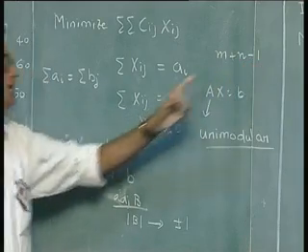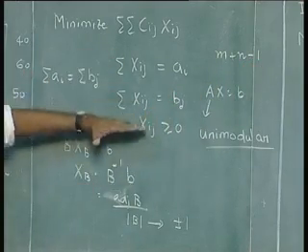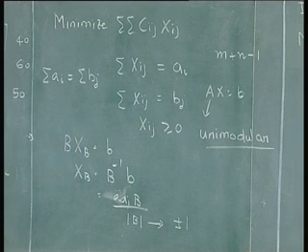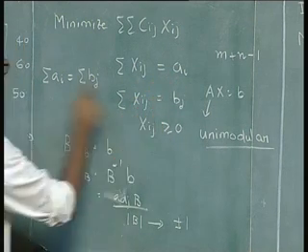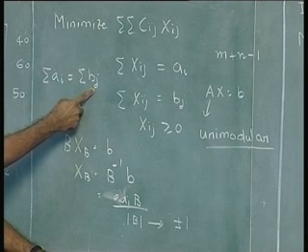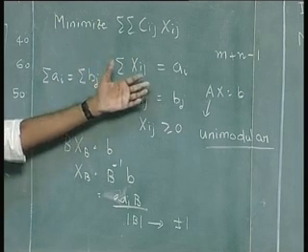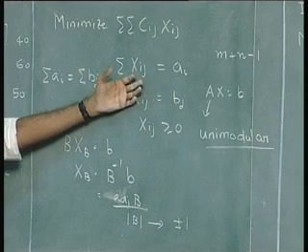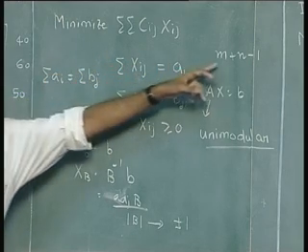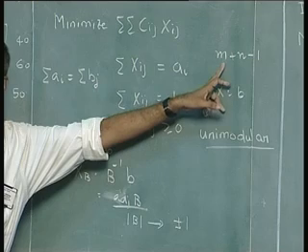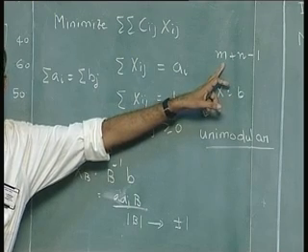We should remember that even though the transportation problem is a linear programming problem, the balanced transportation problem, because of these equations and because sigma ai equal to sigma bj, gives us a linearly dependent system and a degenerate linear programming problem, and we will have only m plus n minus 1 independent variables which will be there at the optimum.